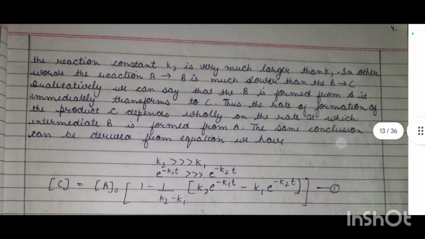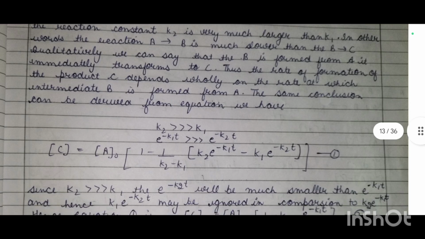In other words, the reaction A changing into B is much slower than B changing into C. Qualitatively, we can say that B is formed from A as an intermediate and transfers to C, and thus the rate of formation of the product C depends wholly on the rate at which the intermediate B is formed from A, and the same conclusion can be derived from the equation we have.